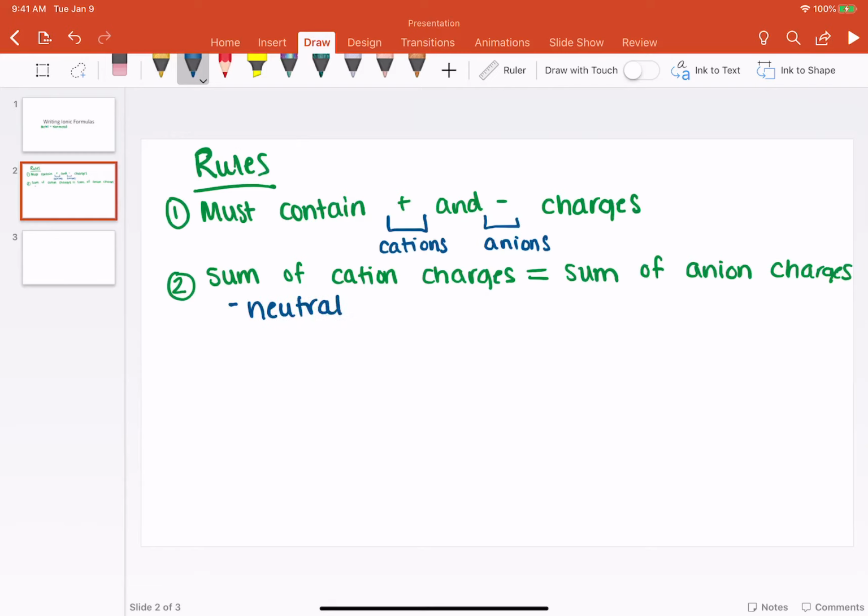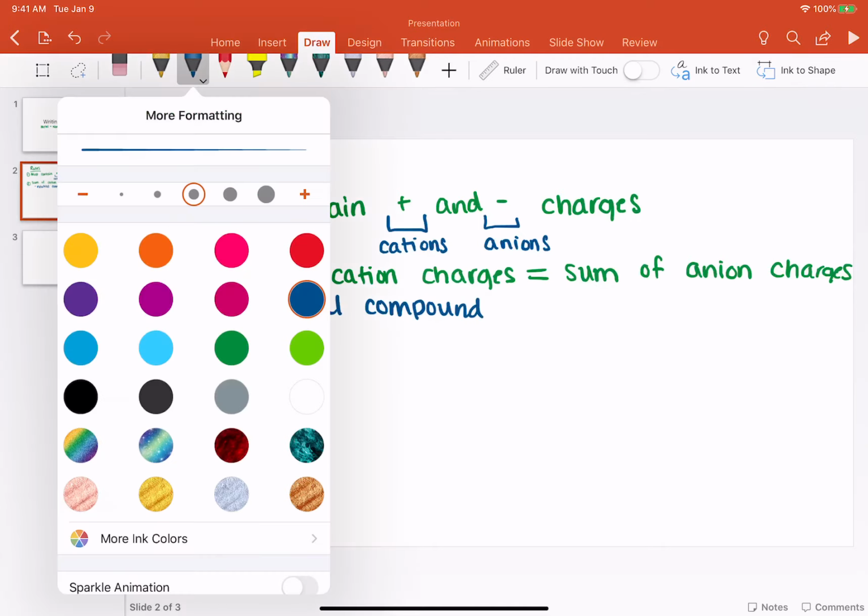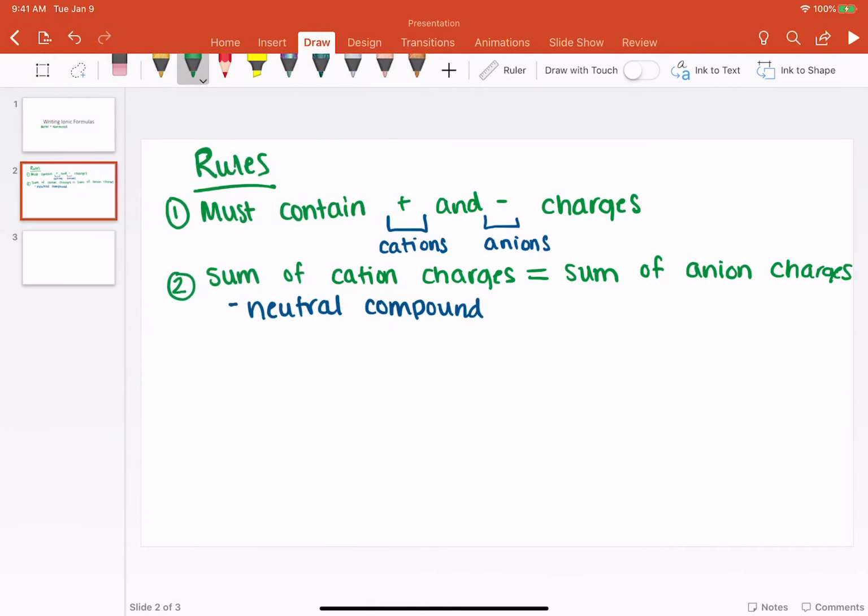So the positives and negatives essentially just have to balance each other out. And our third rule is that the formula must be in the lowest whole number ratios of atoms. So it must use the lowest whole number ratios.